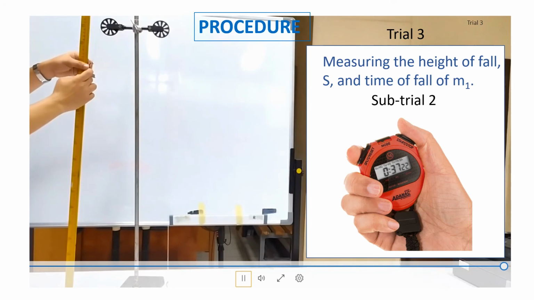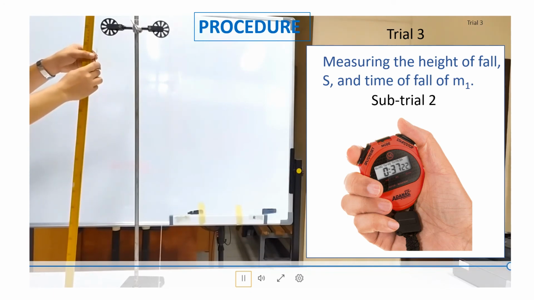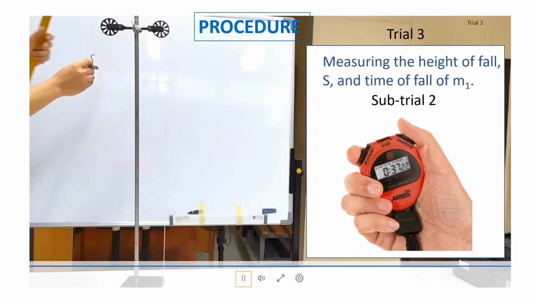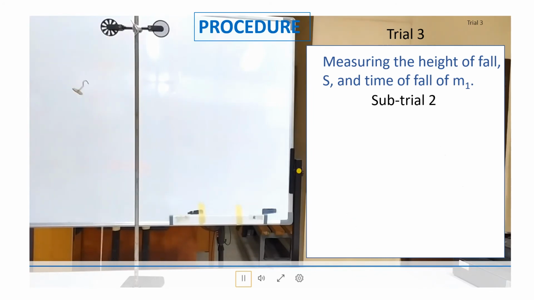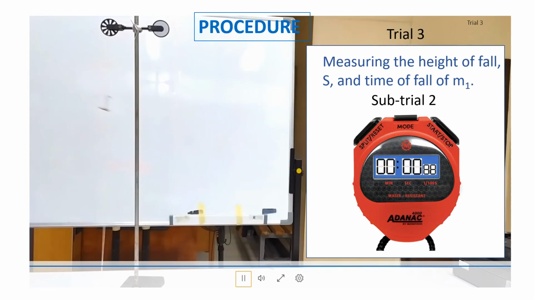Make sure that the release of the behavior mass and starting the stopwatch are synchronized. When done, read the stopwatch and record the time on the table for sub-trial 2.